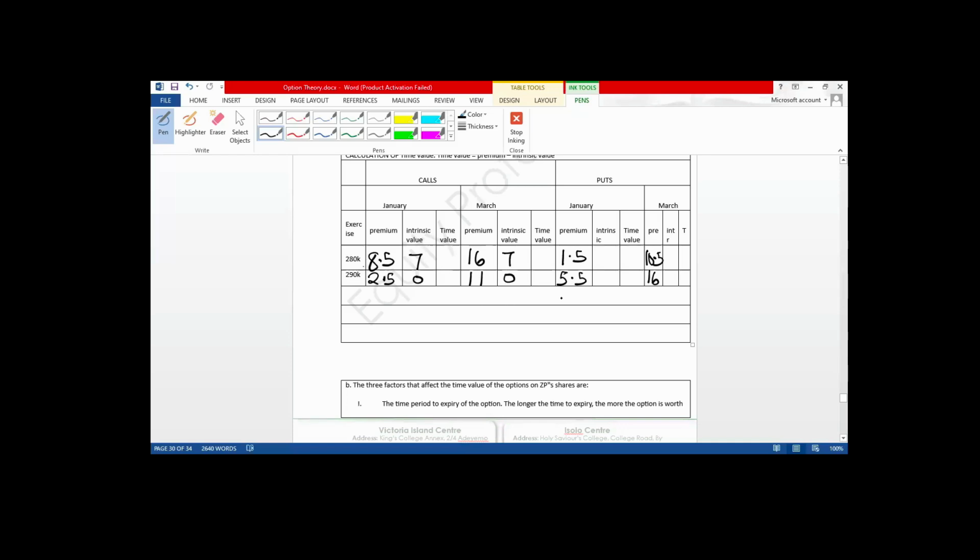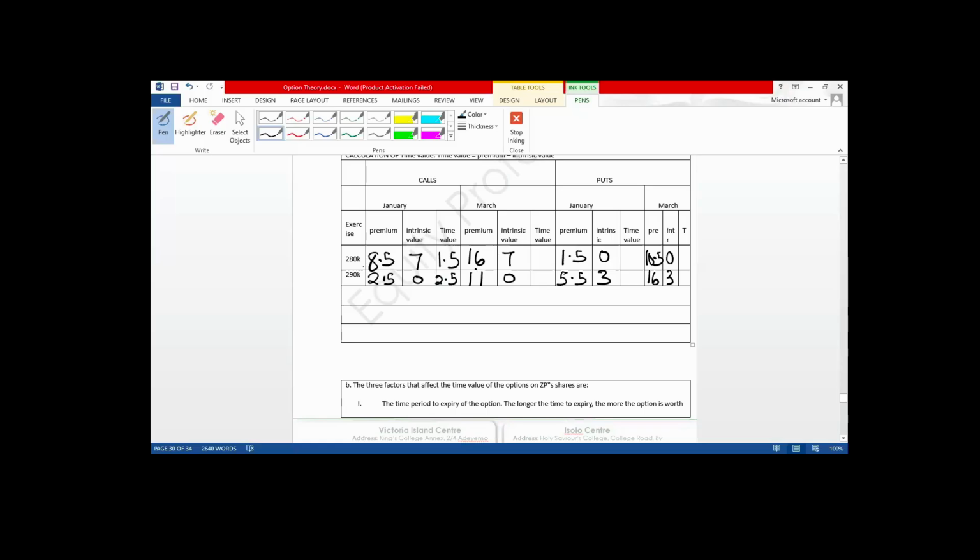Under put option, intrinsic value here is 0. Calculate your time value: premium minus intrinsic value, 1.5. Premium minus intrinsic value, 2.5.